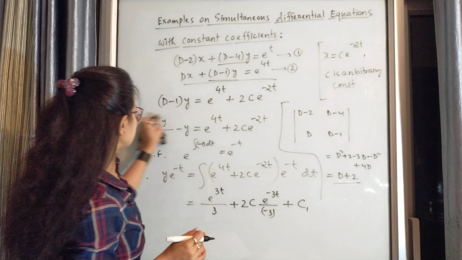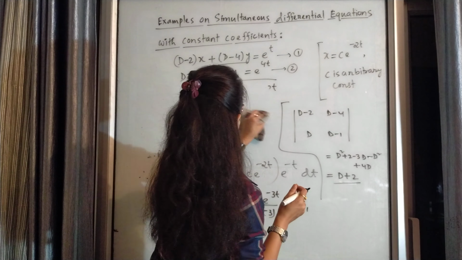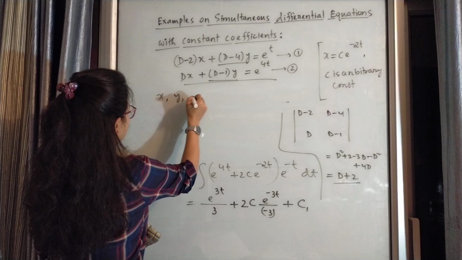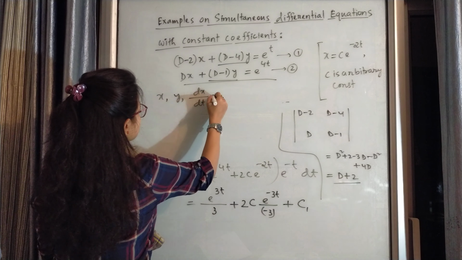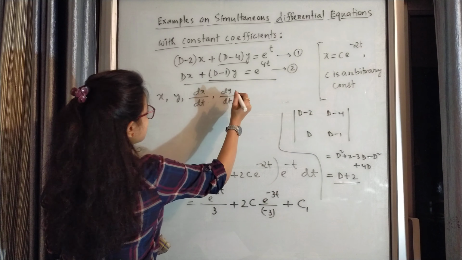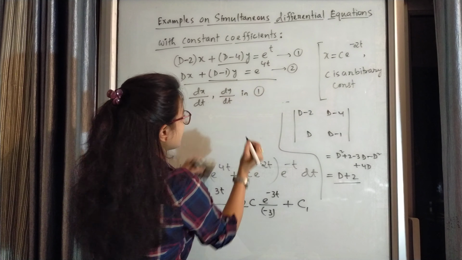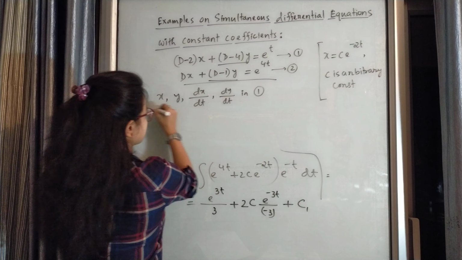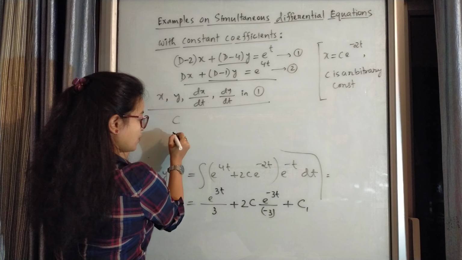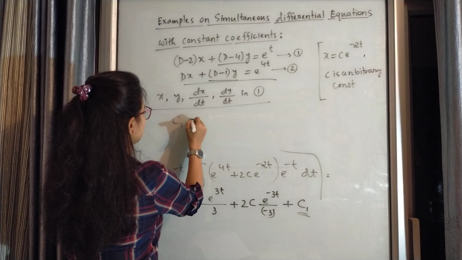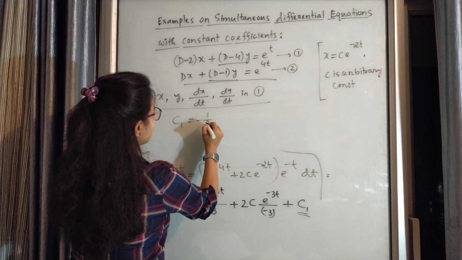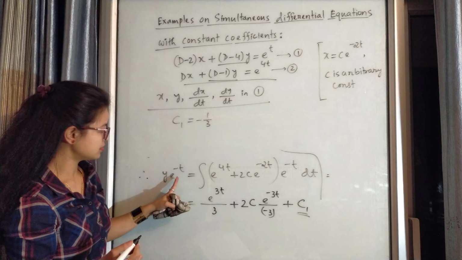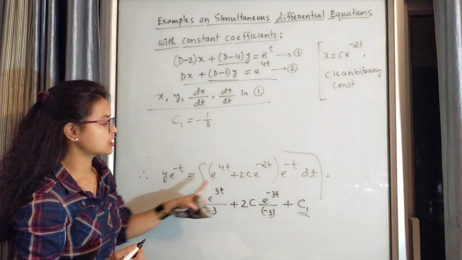we substitute the values of x, y, dx/dt, dy/dt in equation 1 and simplify, and we can get this arbitrary constant value as -1/3. Here one thing you can do: transfer this e^(-t) to the right side.